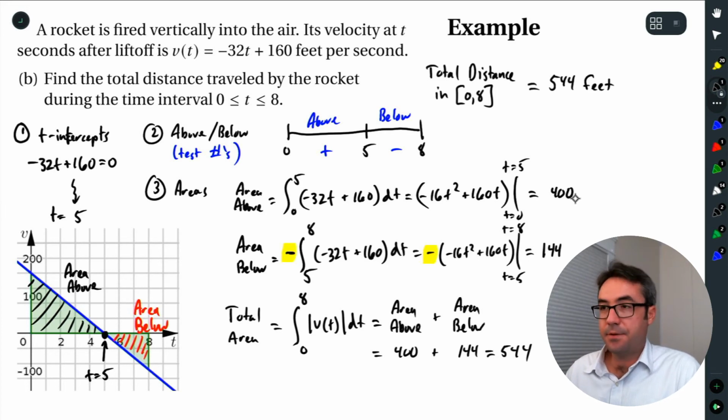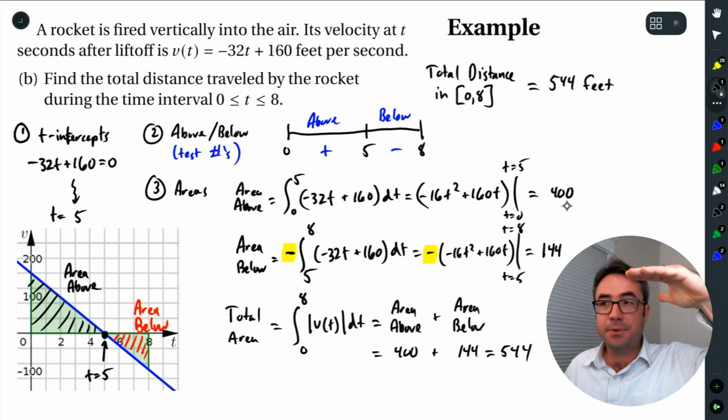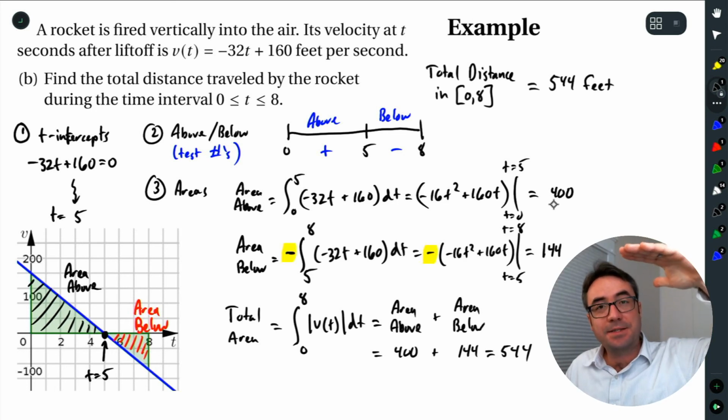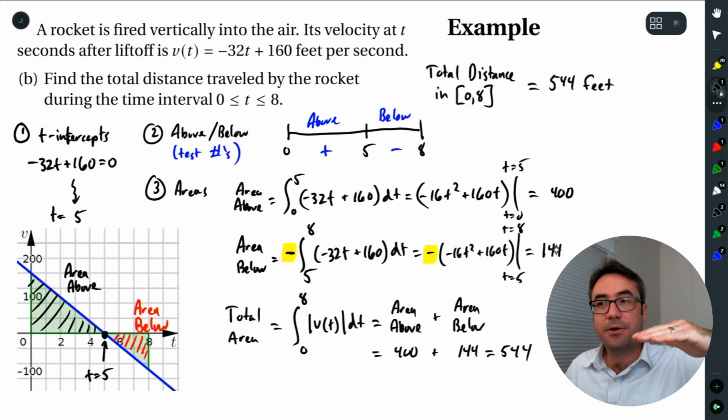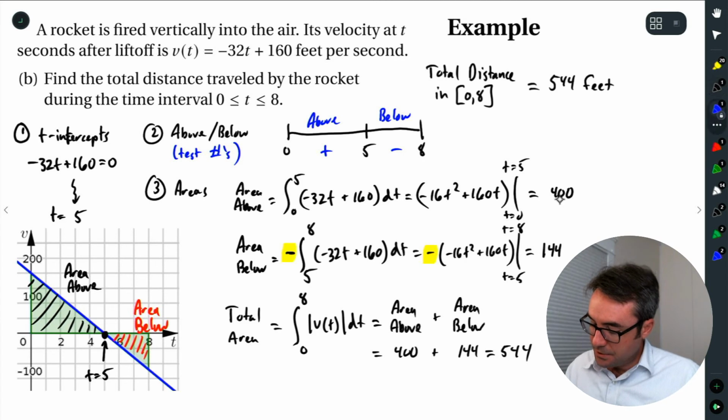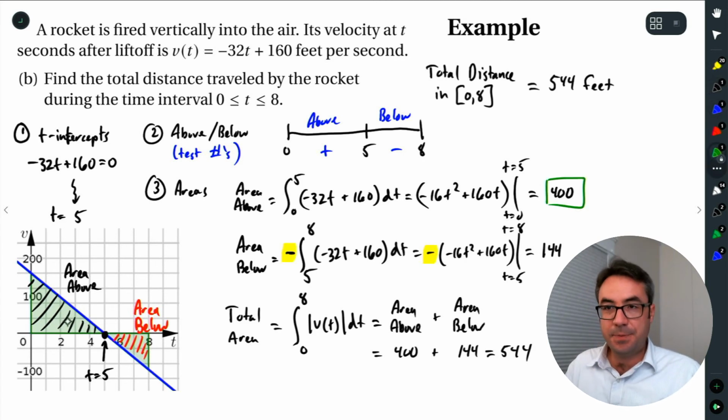So 400 of those units of distance was when our rocket was moving up. And then the rocket started falling back down. So it traveled another 144 feet in the negative direction. This 400 right here, we can think of as the area for this section that's above.